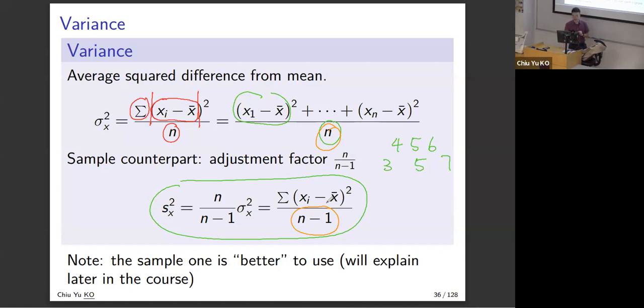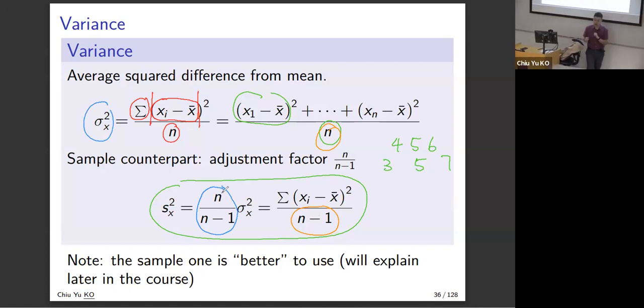But the idea is the following. The intuitive reason is that, compared to this case, we have multiplied by n over n minus 1, which is bigger than 1. So it means we have to make it bigger.